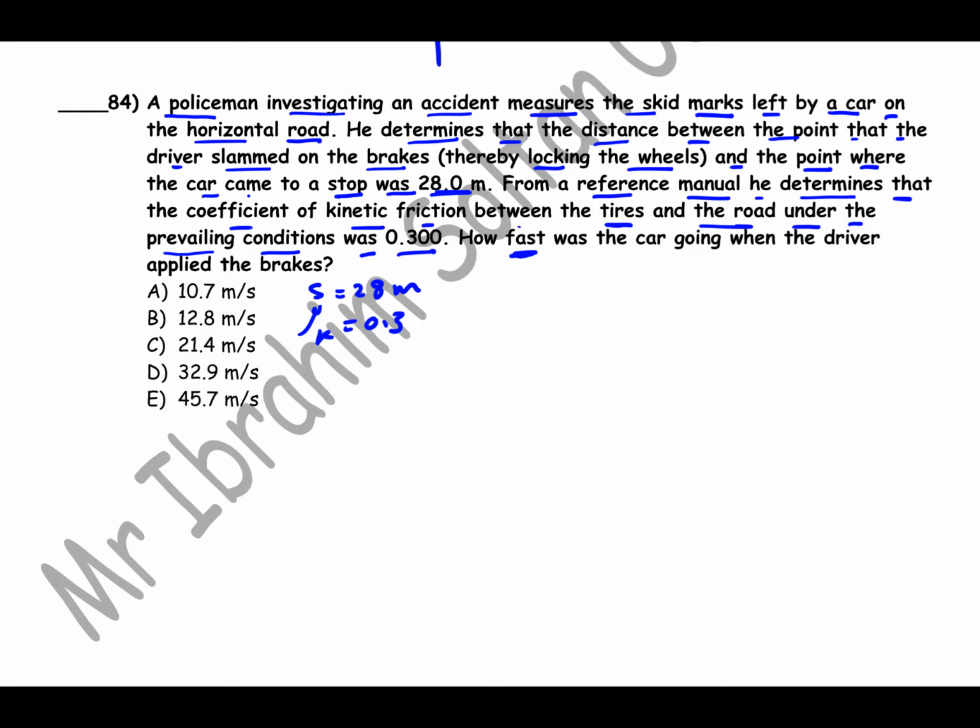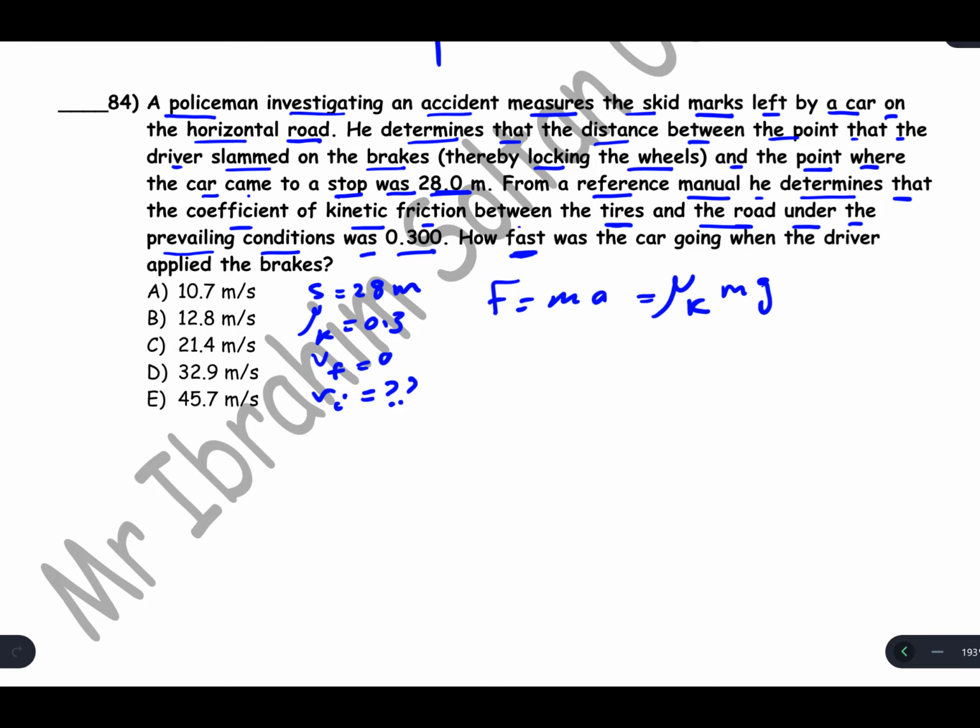So you know that V final equals 0. You need to calculate V initial. Right, guys? So, you know well that F equals ma and exactly equals mu k mg, the force of friction. So m goes with m.